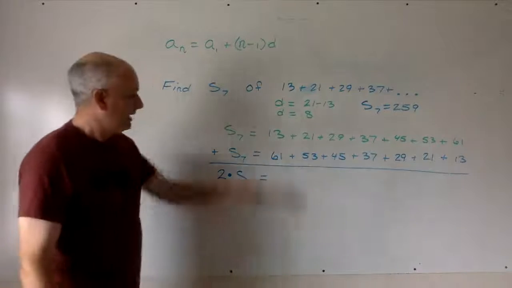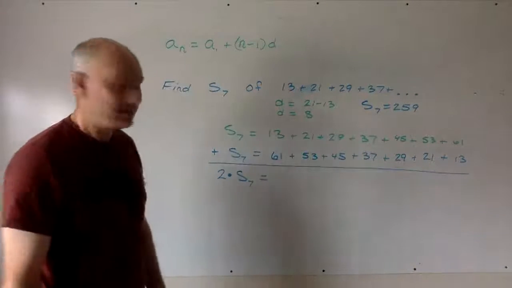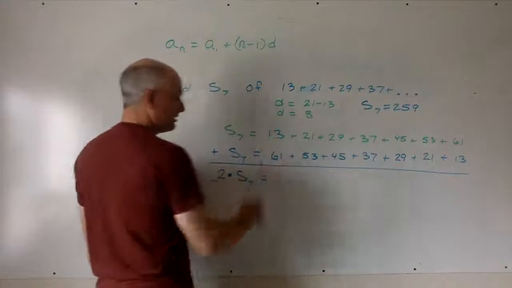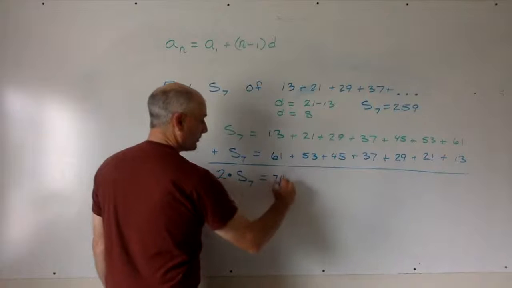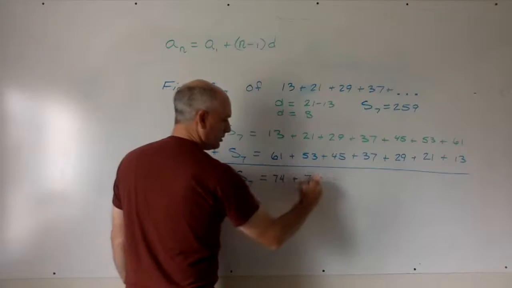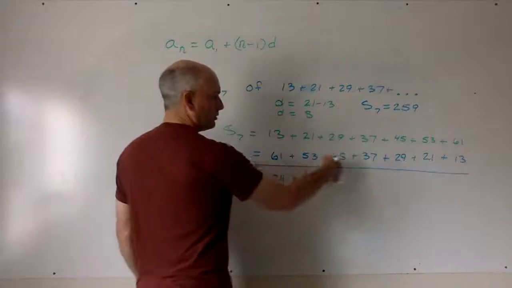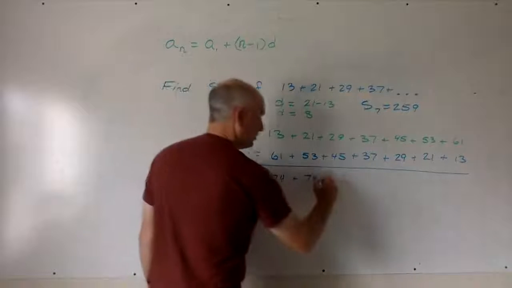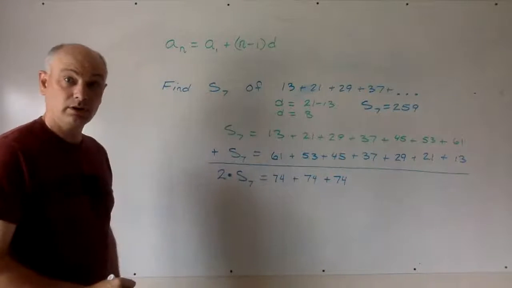Okay. And now I'm going to perform these little additions here. We're going to look and see what happens. What's 13 plus 61? Well, that's going to be 74. 21 plus 53, another 74. 29 plus 45, 74.